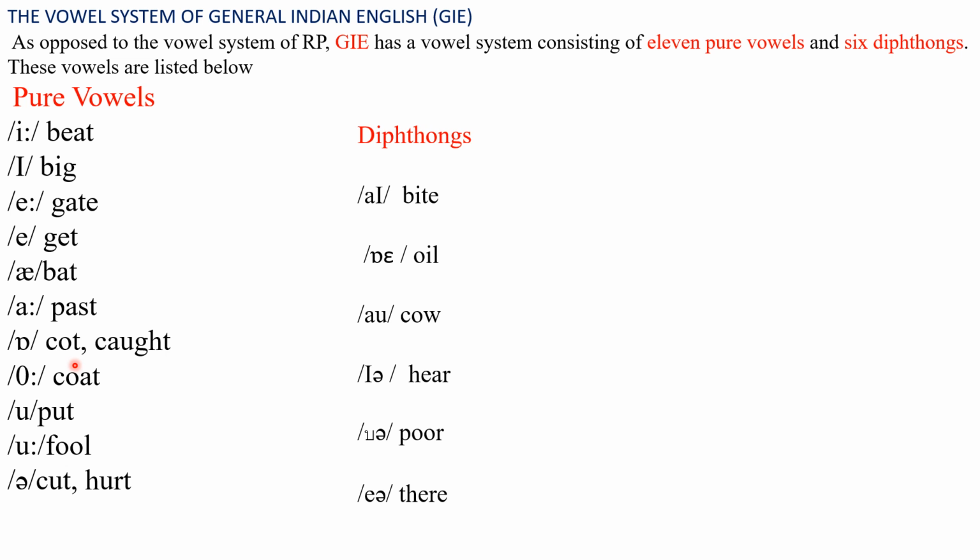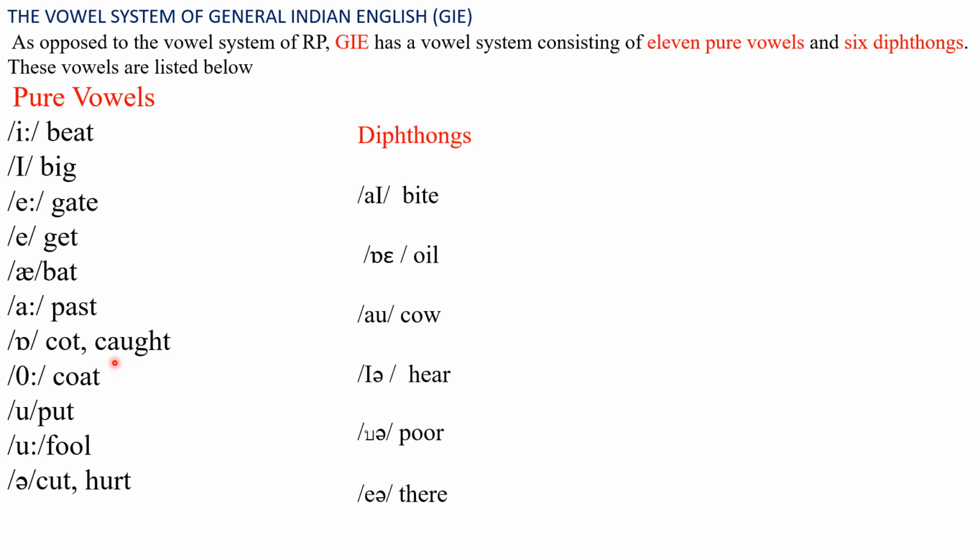For example, in General Indian English the distinction between cot and caught is not made. Both are the same. But in RP, British English, cot is shorter and caught is longer, pronounced with a longer open vowel sound.